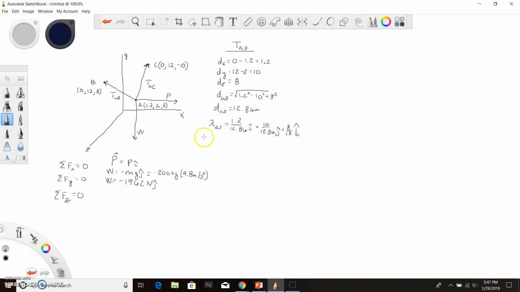Okay, so that means the unit vector for AB is going to be 0.0933 I hat plus 0.778 j hat plus 0.622 k hat.